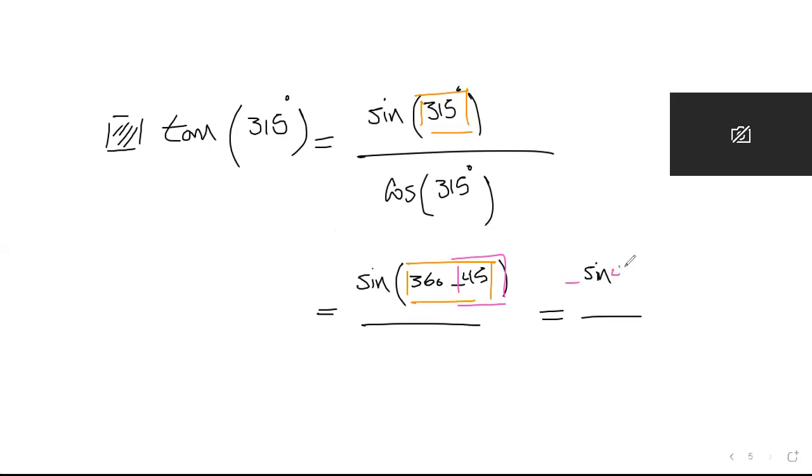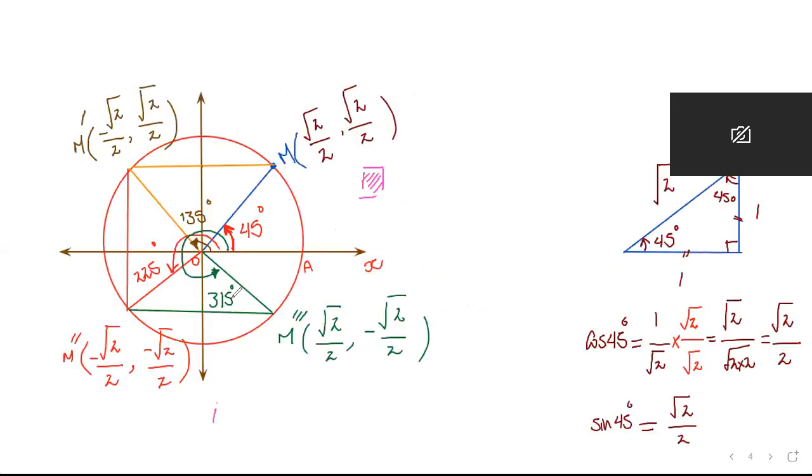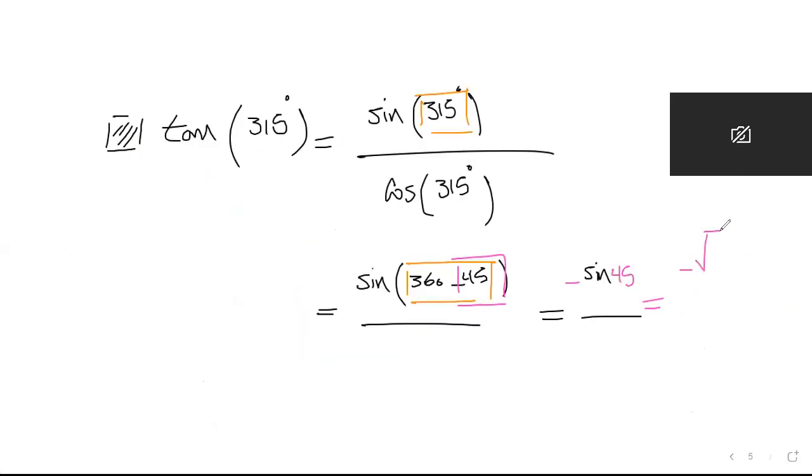Now, it's equal to minus sine of 45, which we got from here. The sine of 315 is how much? That's right, minus square root of 2 over 2, divided by the cosine of 360 minus 45. Look at this, everyone. Still we do not know 315, but we know 45. Then this one is equal to what?